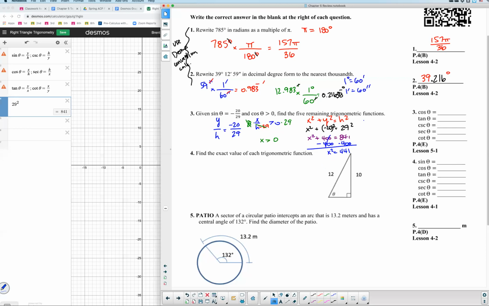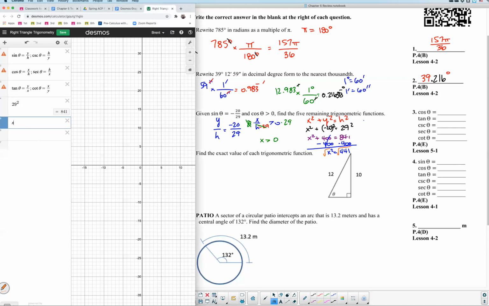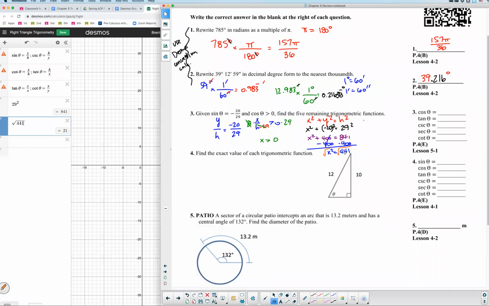And then we'll take the square root. And so we find out the square root of 441 is 21, which means x is not plus or minus. Normally, when I add a square root, that comes with the plus or minus. But in this particular case, we know x is positive. So x is going to be positive 21.